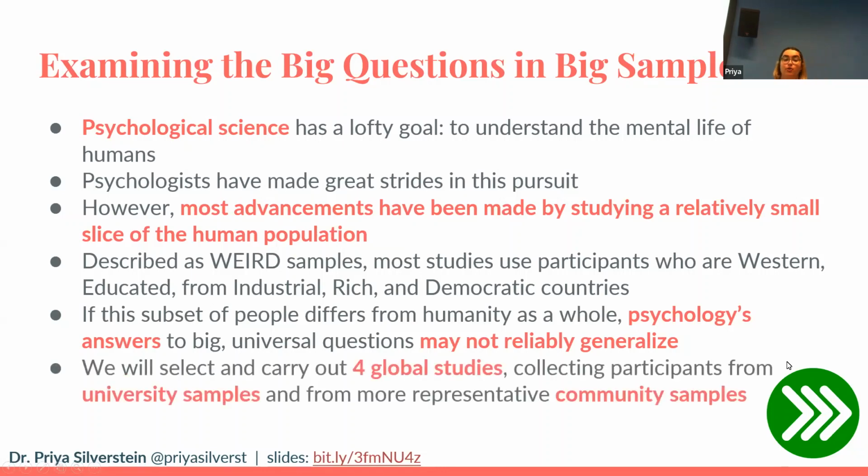So the idea in this project is to select and carry out 4 global studies with participants across the world, in both university samples and community samples, to see whether these 2 different types of generalizability are different. There could be some things that are common across university students everywhere, but not these community samples, or it could be more country specific, and whether it's a university sample or community sample doesn't matter as much. So that's what we're going to be looking at.